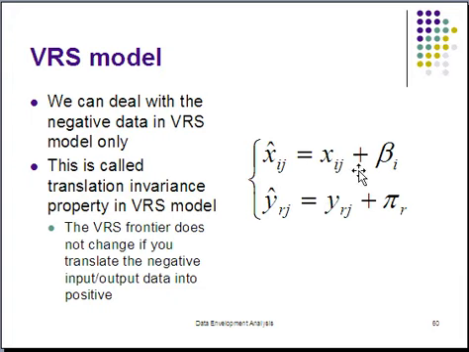So if you add a positive number onto the beta, for example, onto the inputs, you get positive translated inputs. If you add the pi onto the negative outputs, you get a positive value.